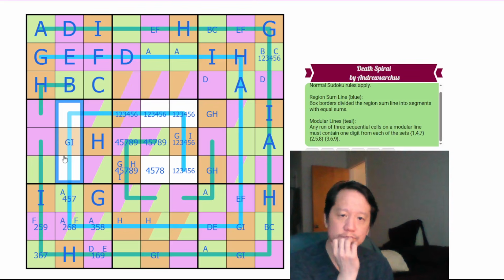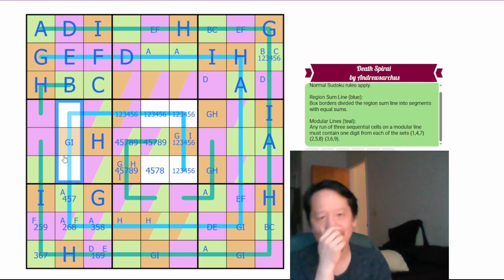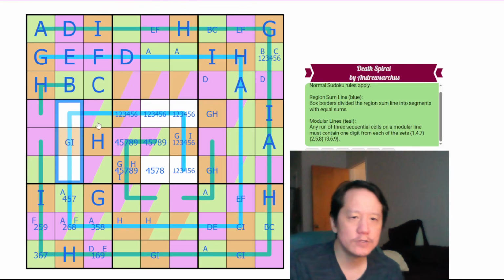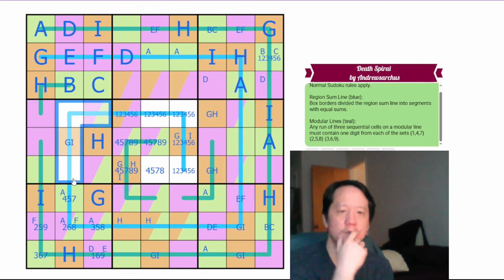Huh. That is interesting. So both G and I add up to this sum here, which is 16 or 17.